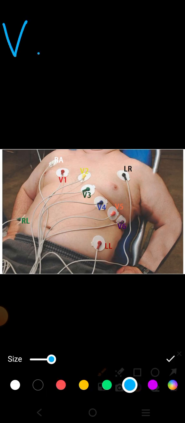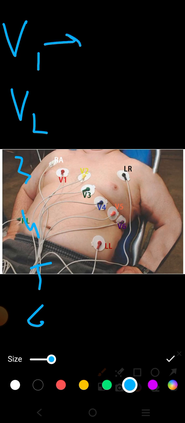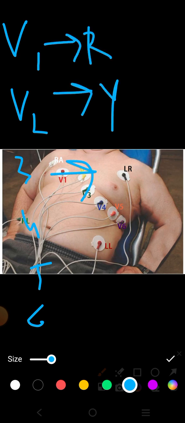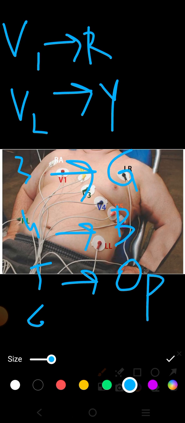If this is V1, V2, 3, 4, 5, 6, the mnemonic is: Red, Yellow, Green, Blue, Orange, Purple. R for red, Y for yellow, G for green, B for blue, O for orange, and P for purple.